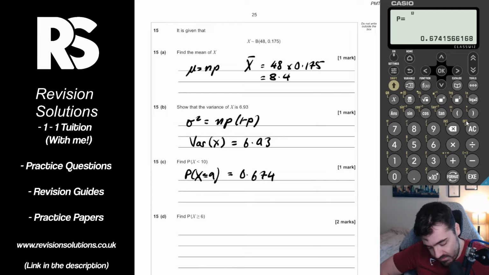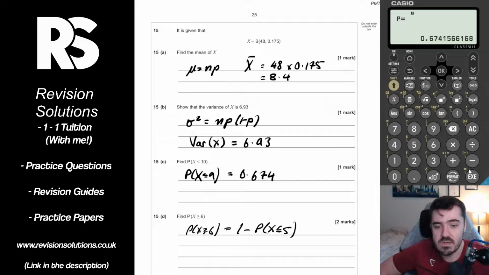Then it wants the probability x is greater than or equal to 6. Well, if we add up all the values, that would be 1. We don't want all the values, we just want 6 and above, so we need to remove 5 and below, so we'll subtract x is less than or equal to 5, and then again, that's just another job for my CD function here. Let's change this to 5 and execute that.